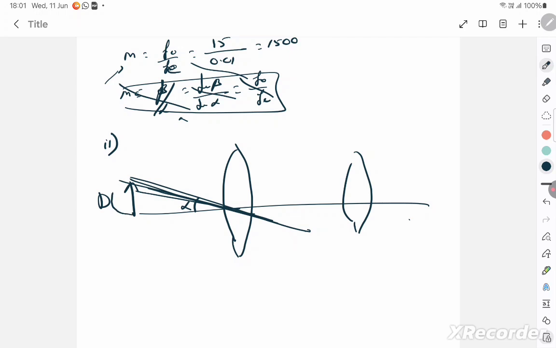You have to imagine the moon is located here and the light rays are coming from that corner. Supposing the moon is here and the ray is coming like this, then it converges here.